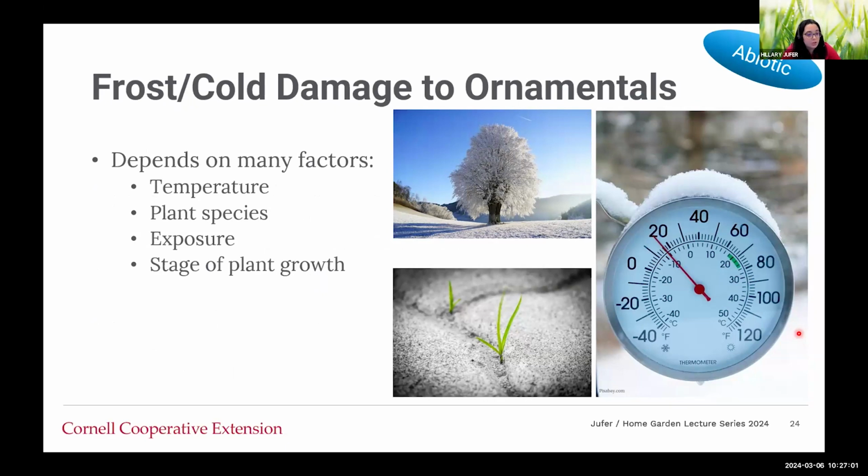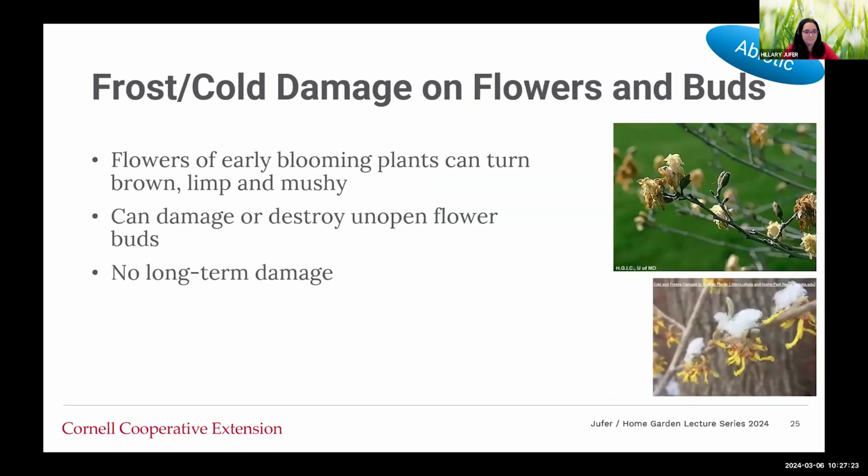It could be temperature, where the temperature's low for a long period of time, or really low overnight, like last year, 2 years ago. The plant species is going to vary based on where you have it, the exposure, the stage of plant growth. You know, all these things are going to play a role in what's going on.